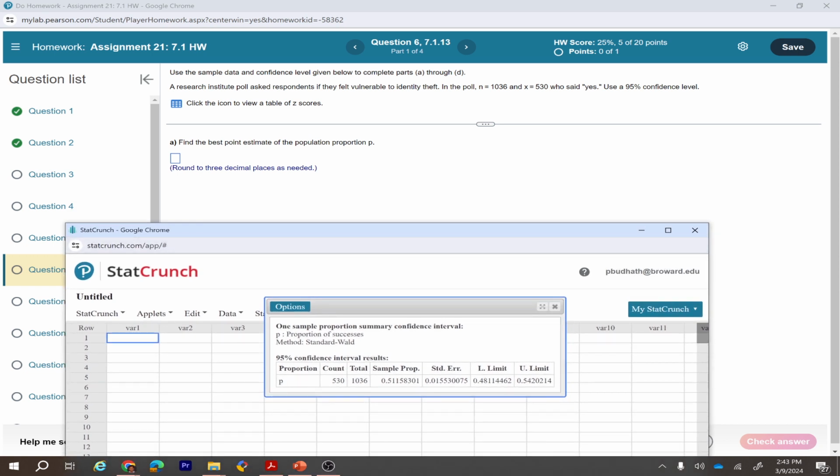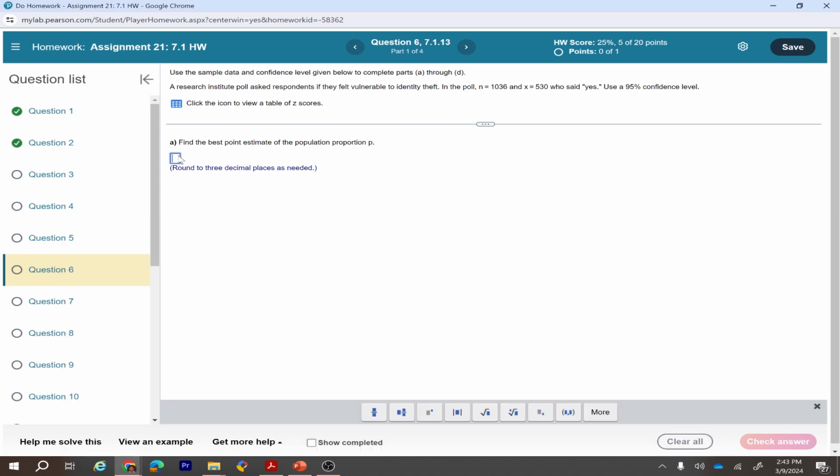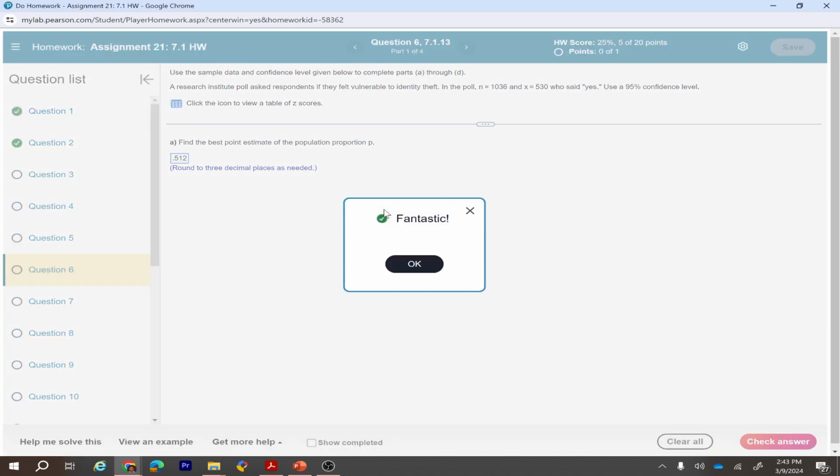The first question is to find the best point estimate of the population proportion, which is the sample proportion, this value. If you round it to 3 decimal places, it's 0.512.